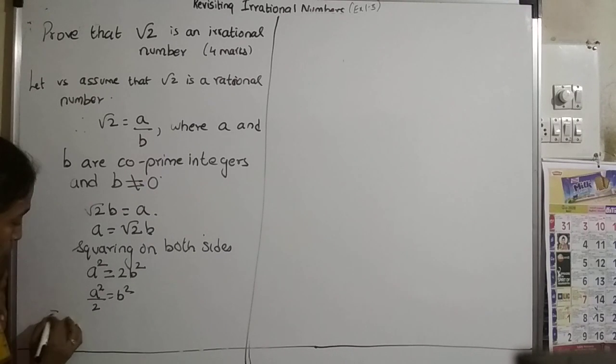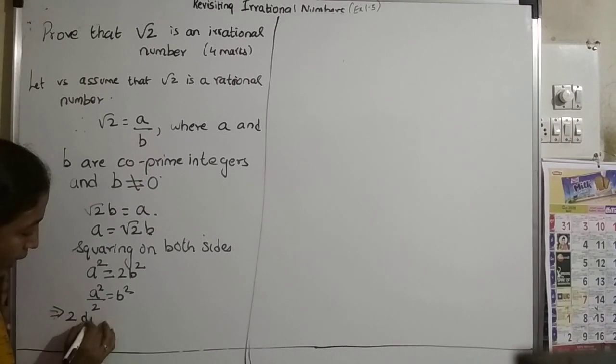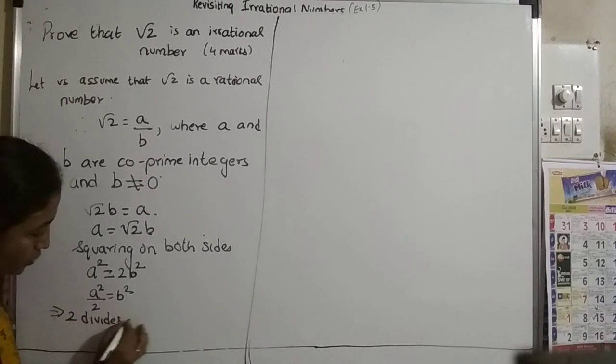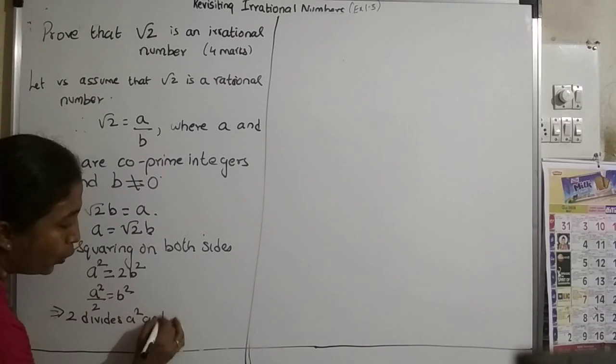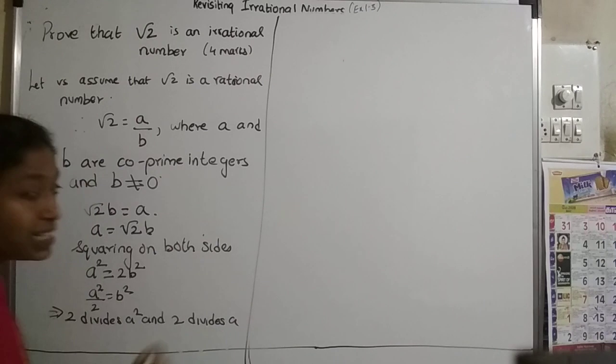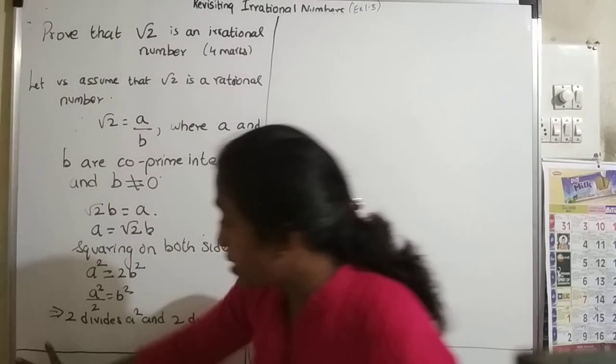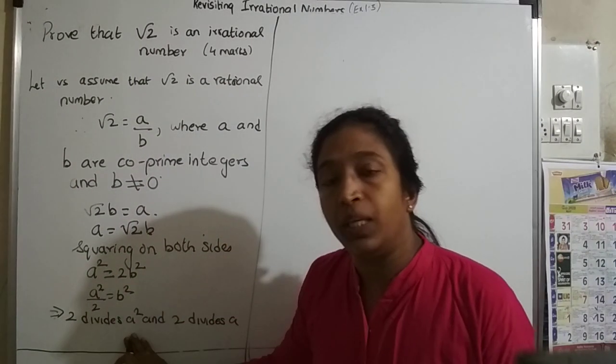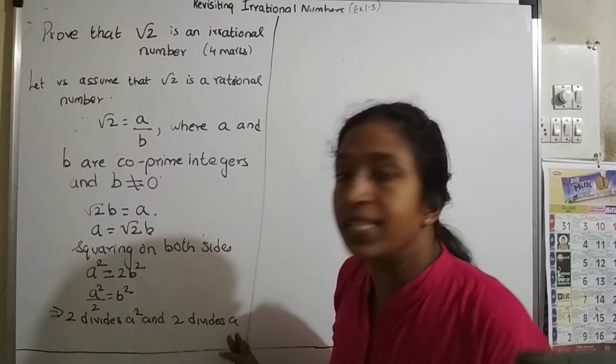So in this case, what do we write? 2 divides a square, and so 2 divides a. A prime number divides the square of any positive integer, therefore 2 divides a.